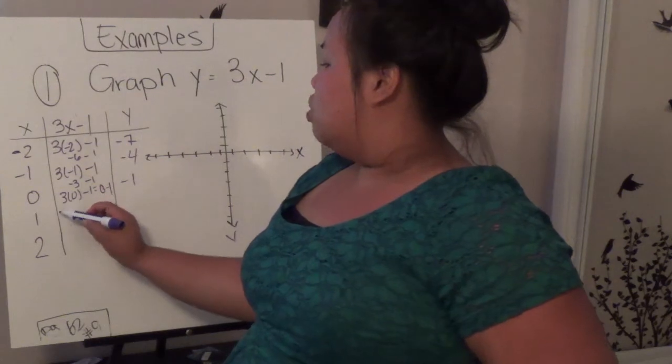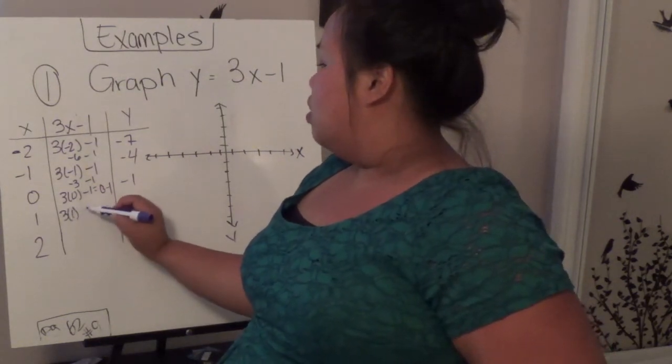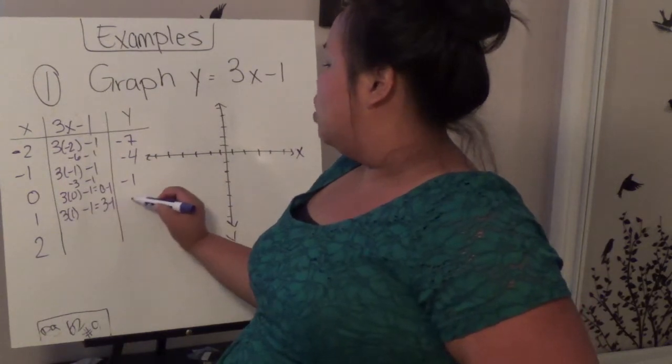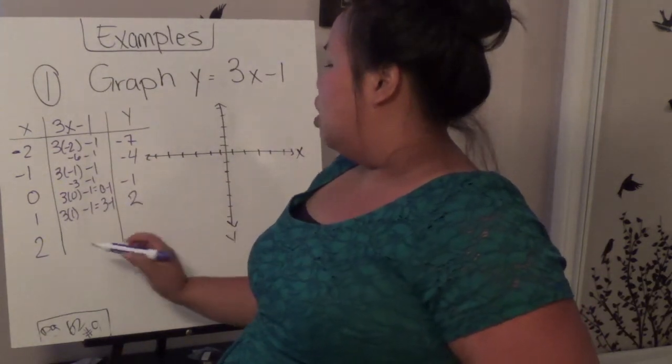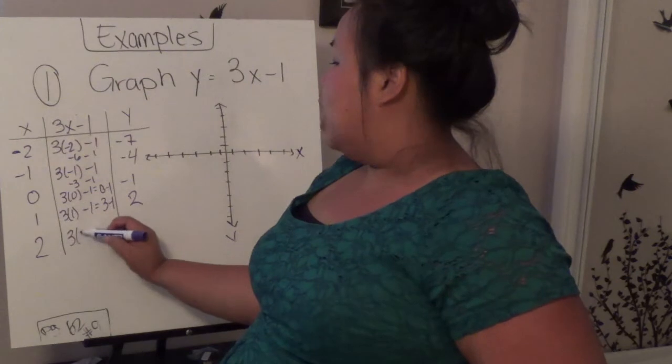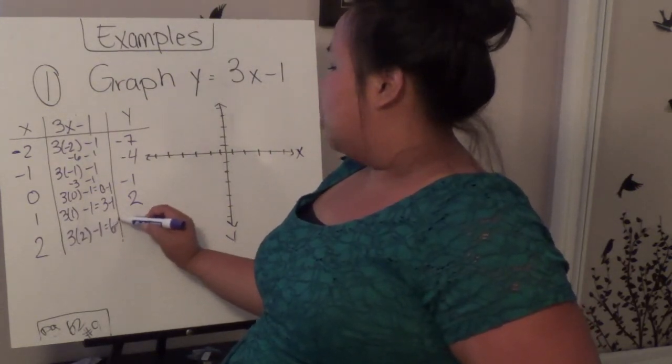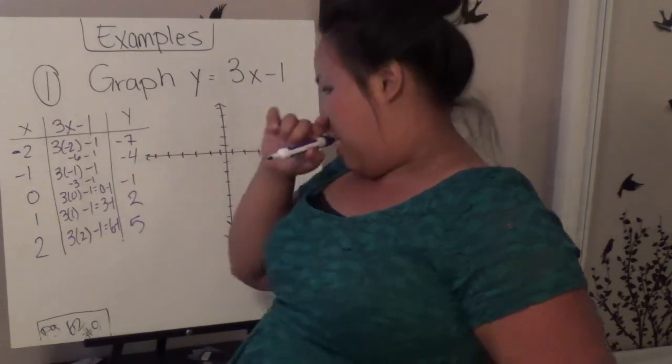This one is 3 times 1 minus 1. This gives me 3 minus 1, which gives me 2. The last one is 3 times 2 minus 1, which gives me 6 minus 1, which gives me 5.